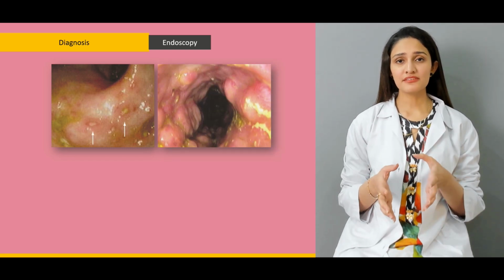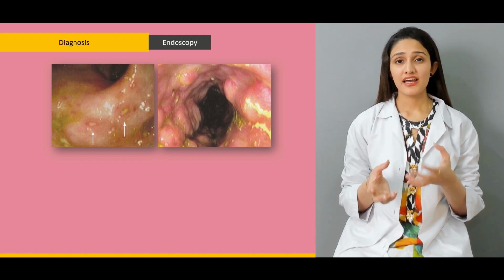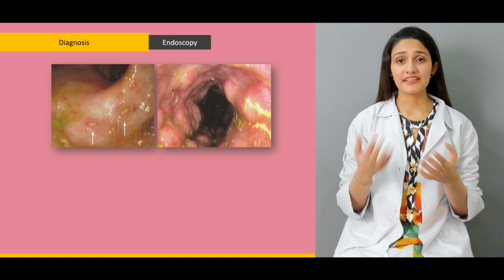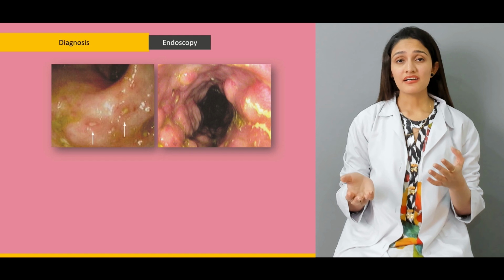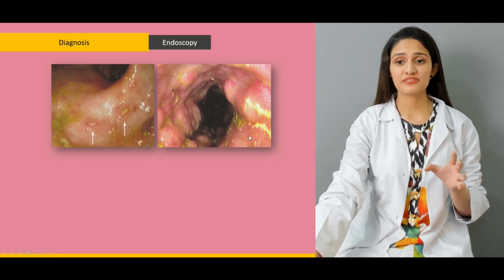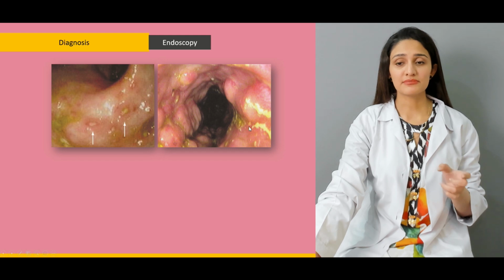In this second picture, we can see a massive presentation of Crohn's disease. We are able to see edema and erythema within the walls of the small intestine. The whole wall of the small intestine is edematous and has different types of inflammation.